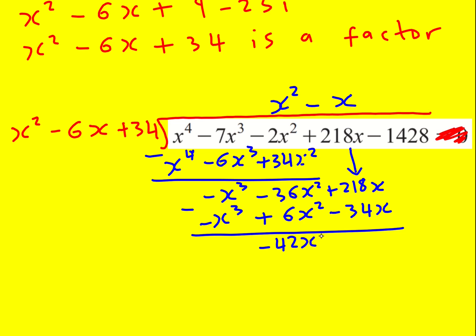Here I'm going to get 252x. And finally, it's going to be minus 42, multiply back through.